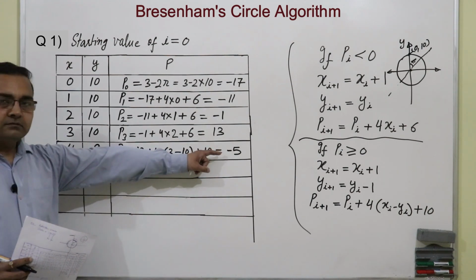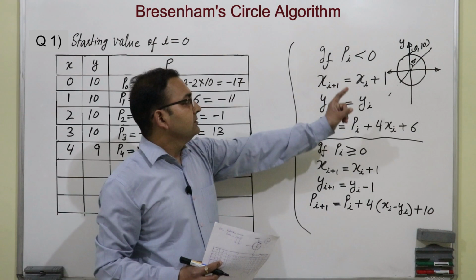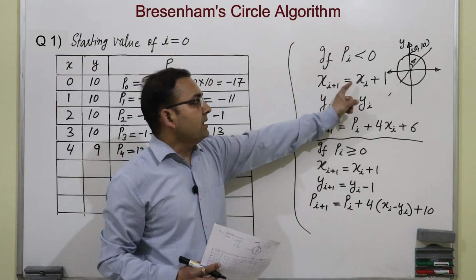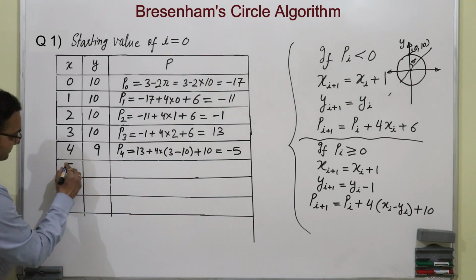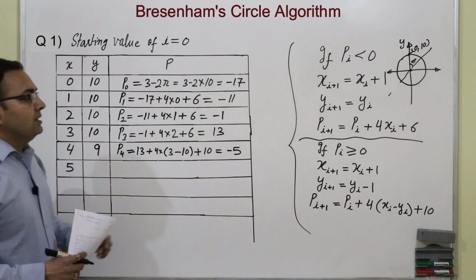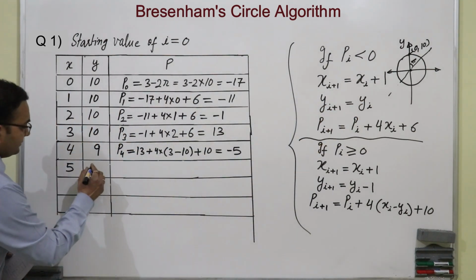Now, it is negative. If Pi is negative, then xi plus 1 equals xi plus 1, which will be 5, and yi plus 1 equals yi, which will be 9.